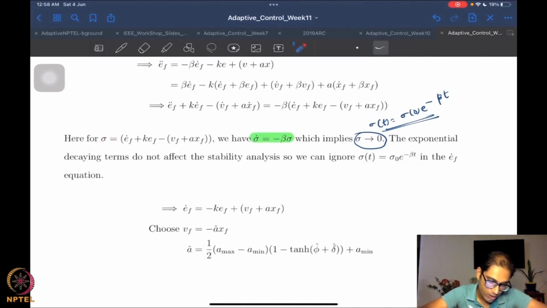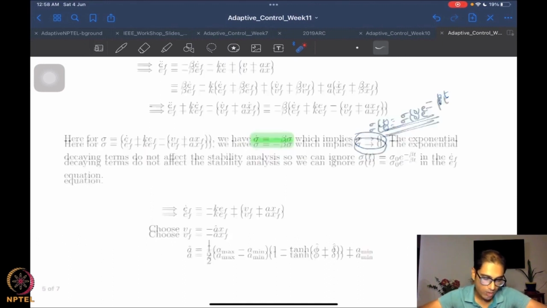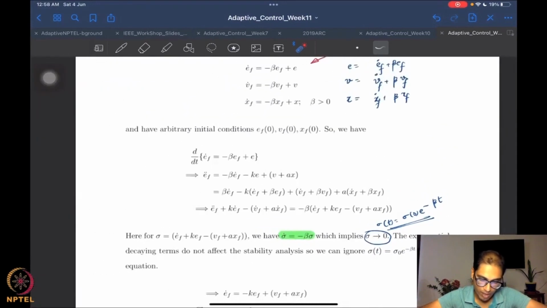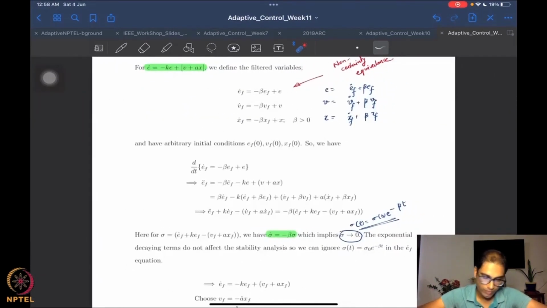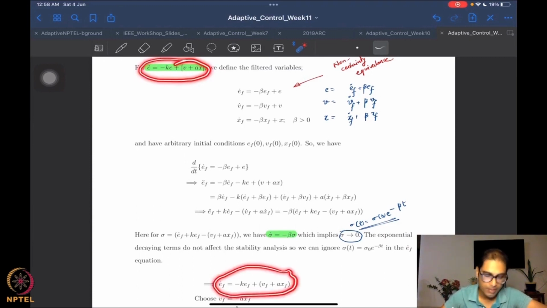If you put this to 0, you will get the equation EF dot is minus KEF plus VF plus AXF. Now notice very carefully, I'm going to make this smaller so we can see both of them together. If you look at this equation and this equation simultaneously, you notice that they look exactly the same modulo the filtered variables in place of the original variables.